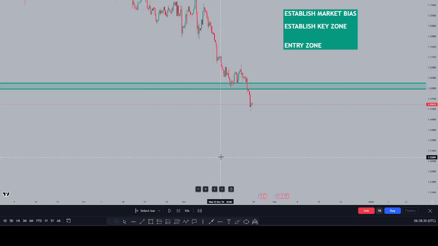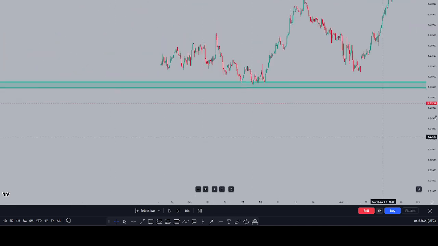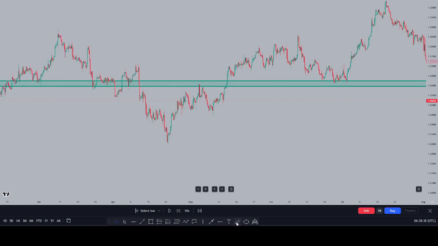And if you also check the historical market price action, you can see that this zone is a very frequent key level where price reacted. Some time ago, price started a journey from here down to this same key level. Then the buyers took charge of the market and bought massively.